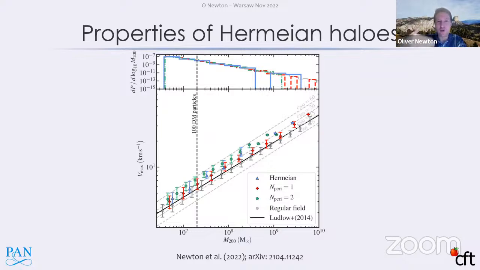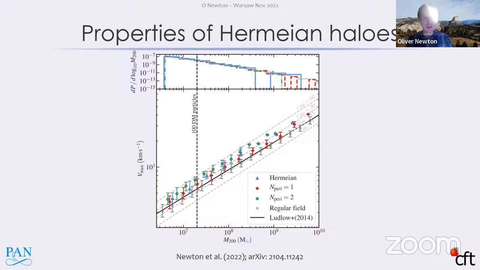Then a slightly more concentrated set of halos, you have the M=1 backsplash halos. These are slightly more concentrated than the standard lambda CDM field halos. And then at the top end, you have the Hermeians and M=2 backsplash halos that on average are about twice as concentrated as the field halos that don't interact with the 2 hosts.